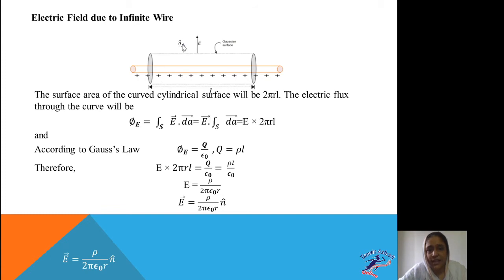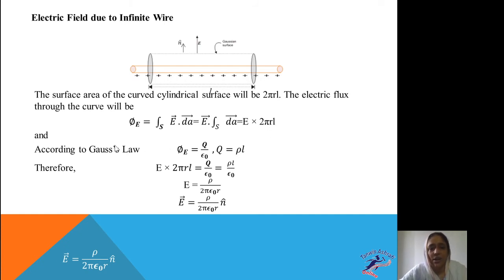That means the surface area vector n cap and the electric field E are both parallel to each other. Let's suppose the total flux phi is equal to the integration over the surface of this Gaussian surface of E dot dA. And E dot dA is nothing but E times the integration of dA, and dA is the circumference 2 pi r into the length L.